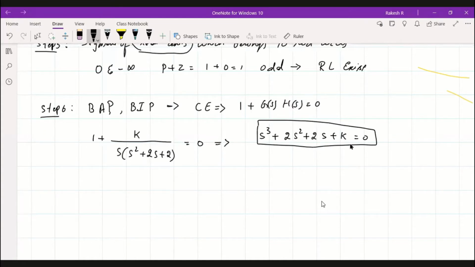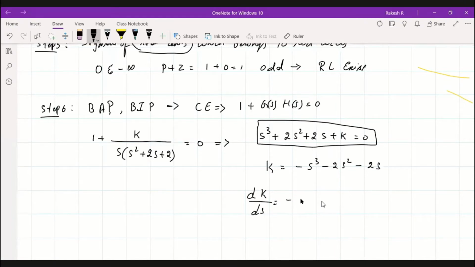First, you need to find the characteristic equation and write it in terms of k. So k becomes minus s cube minus 2s square minus 2s. After this, we need to differentiate this, that is dk by ds, differentiating k with respect to s.